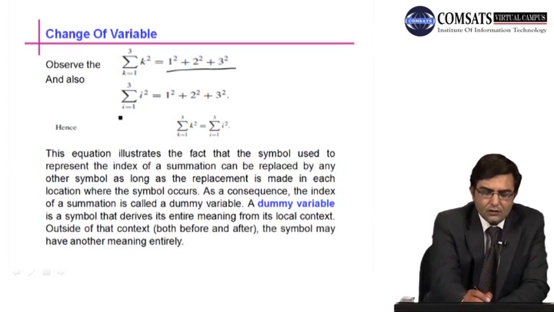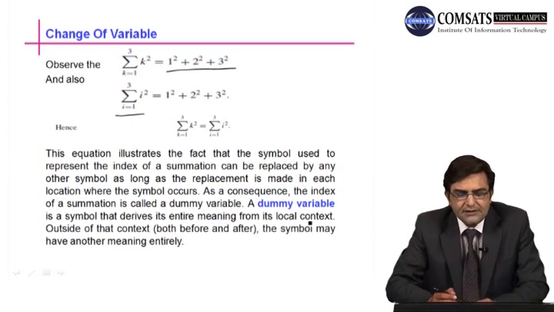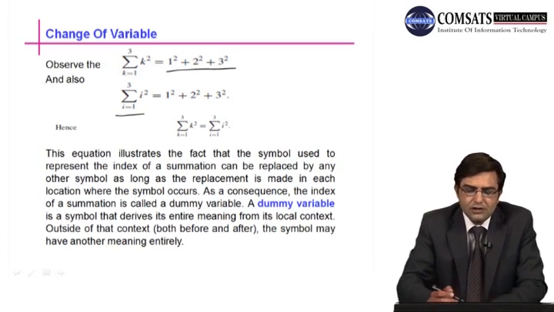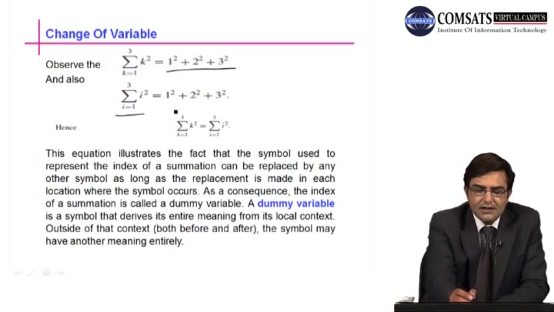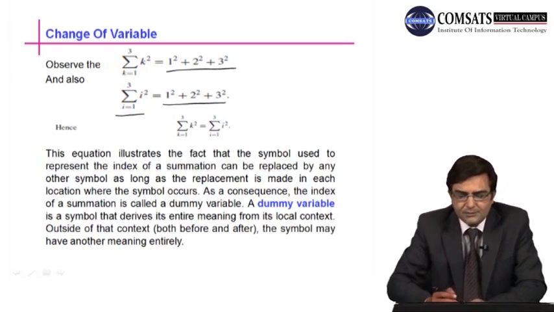And also if we open the summation where i is from 1 to 3 of i square, if we put i equal to 1 we get 1 square, if we put i equal to 2 we get 2 square, and 3 square, and the sum of these three terms.